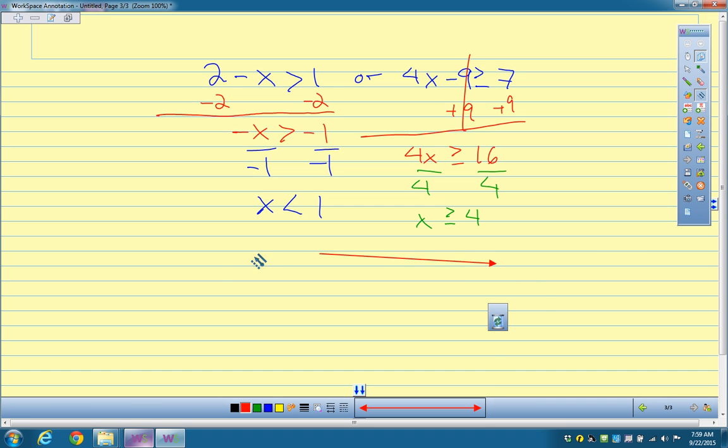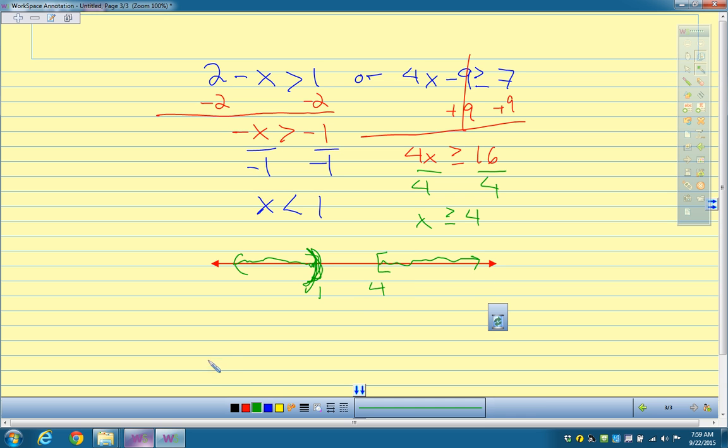I think the best thing is to graph it first and then write it in either set builder or interval notation. So x is less than 1 would go this way, right? Curvy bracket, x is less than 1, or x is greater than or equal to 4.